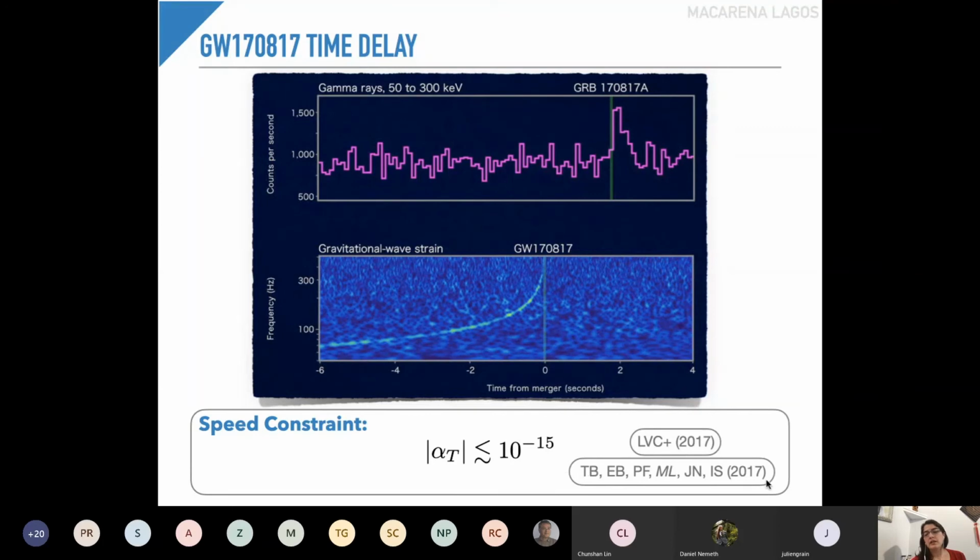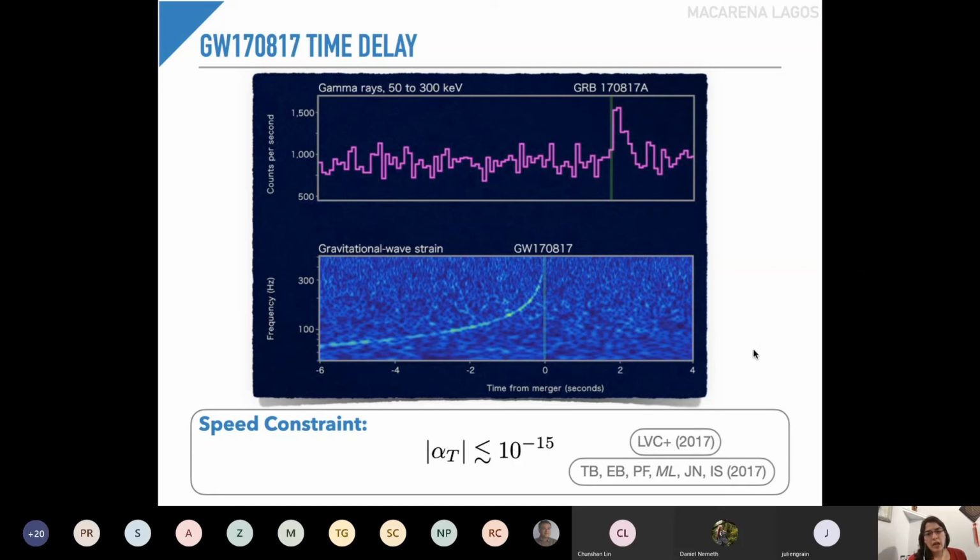And because of this, in this work, for example, we showed that many dark energy and modified gravity models are going to be disfavored because they typically do predict that alpha t is non-zero, and they will usually not satisfy this bound.